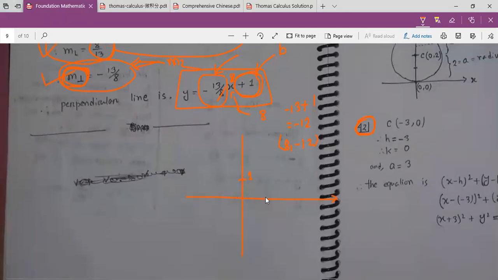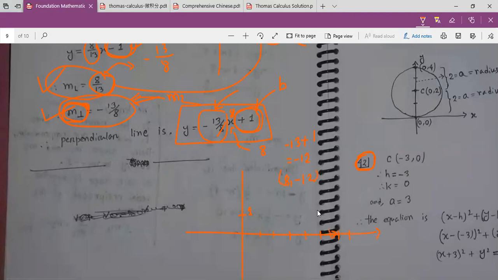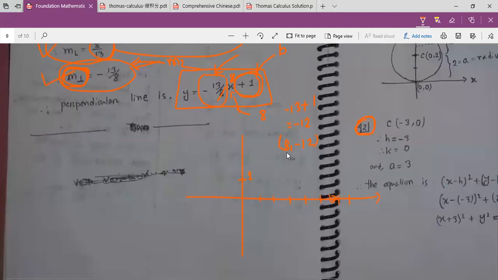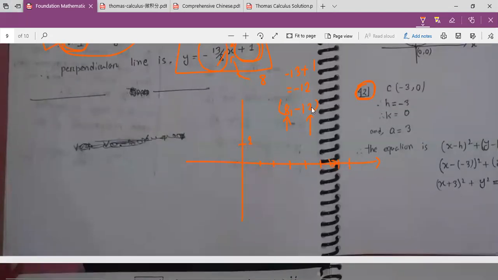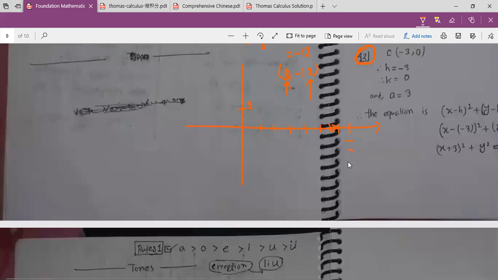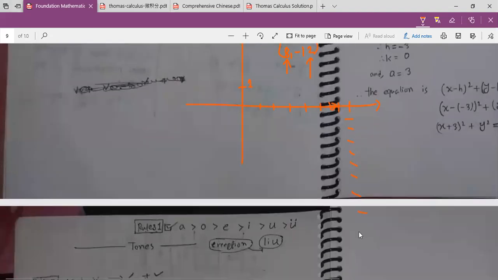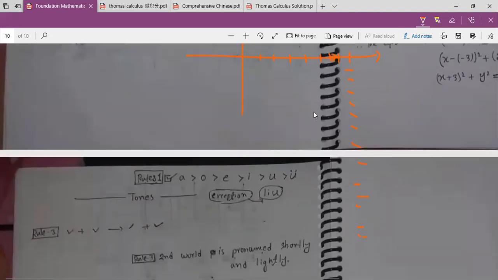So this point will be here: 1, 2, 3, 4, 5, 6, 7, 8. No, minus 12, it will go to the left side. No, firstly we have to count the value of x, then we have to count the value of y. Sorry. So this is the value of x, and minus 12 will be 1, 2, 3, 4, 5, 6, 7, 8, 9, 10, 11, 12, on the next page.